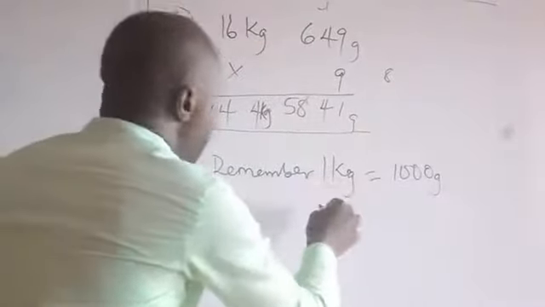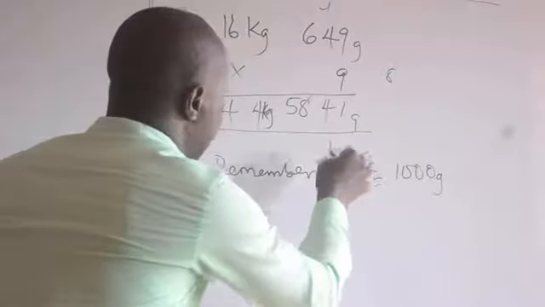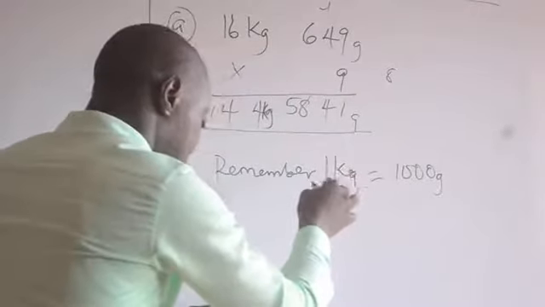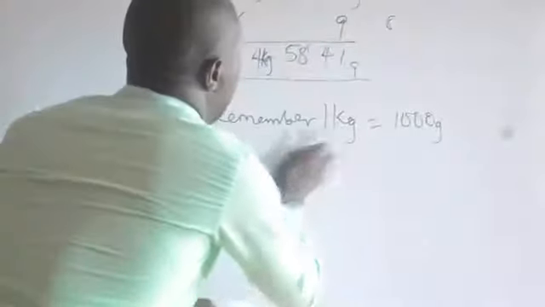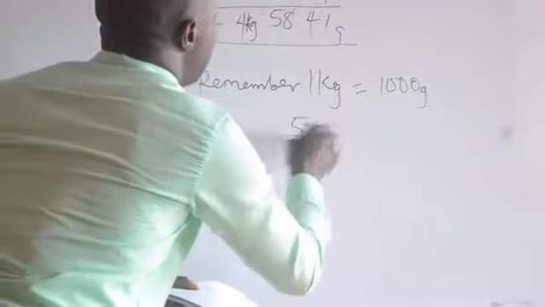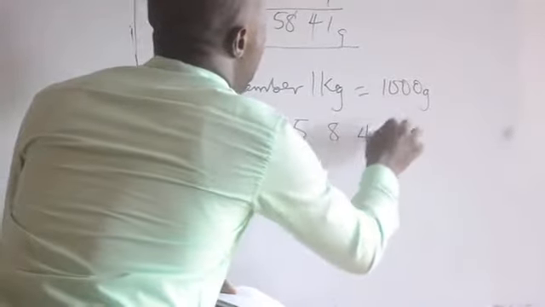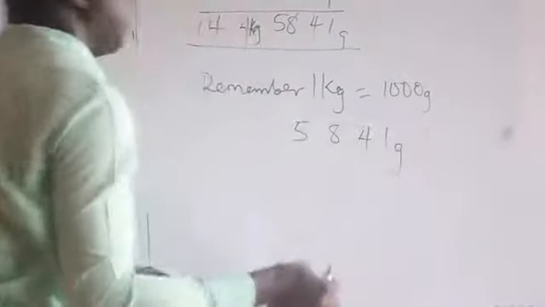So this 5,000 gram, bring down our 5,841 gram. So let's use our place value.